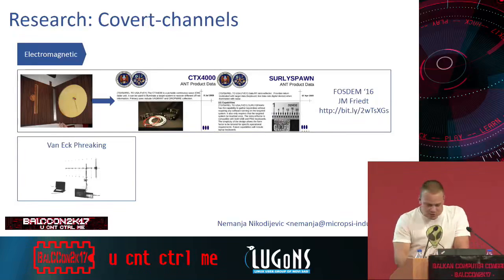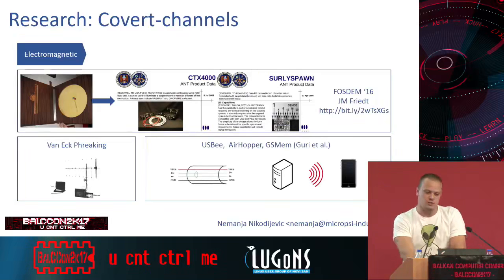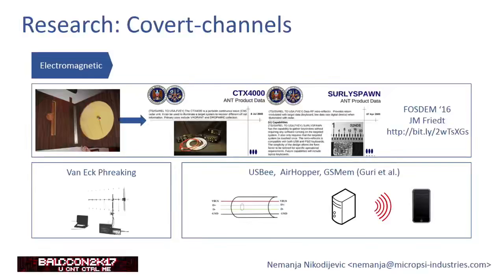It is just pure electromagnetic emanations, and a similar principle was used by Mordechai Guri and his research group from Ben Gurion University. I don't know where that is exactly. In Israel, but I forgot the name of the place. And you will see that name on the next couple of slides, because his research group is quite fruitful when it comes to these papers.